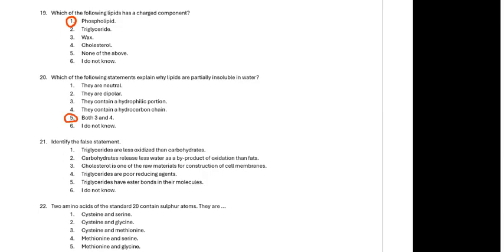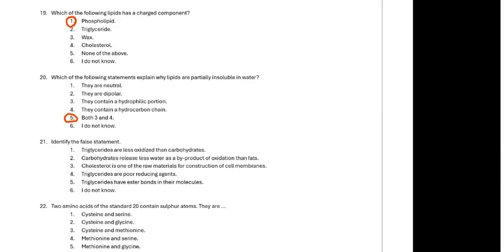So 21, identify the false statement. Triglycerides are less oxidized than carbohydrates. Yeah, so this means that triglycerides do not have as many oxygen atoms compared to carbohydrates, which is true. Carbohydrates release less water as byproduct of oxidation than fats.